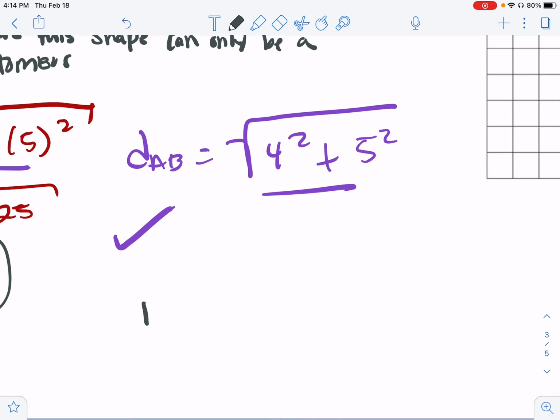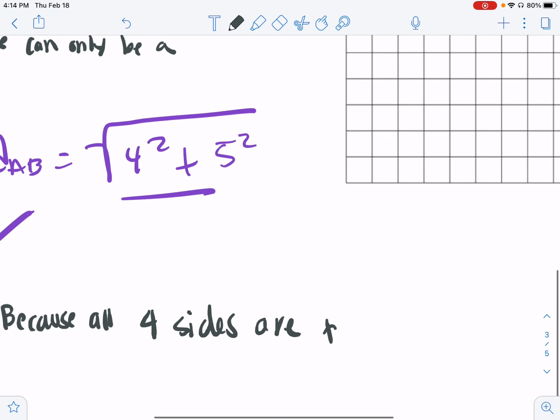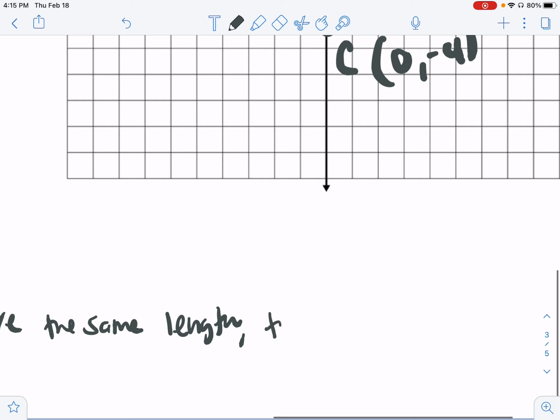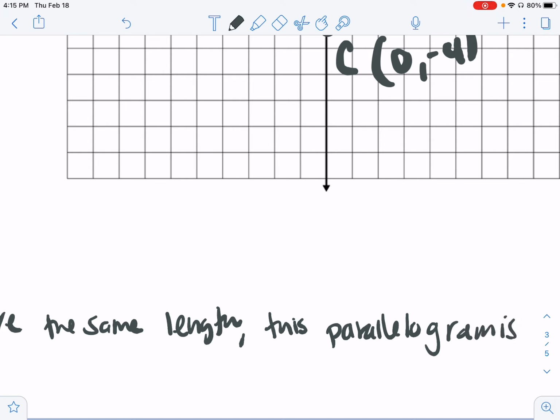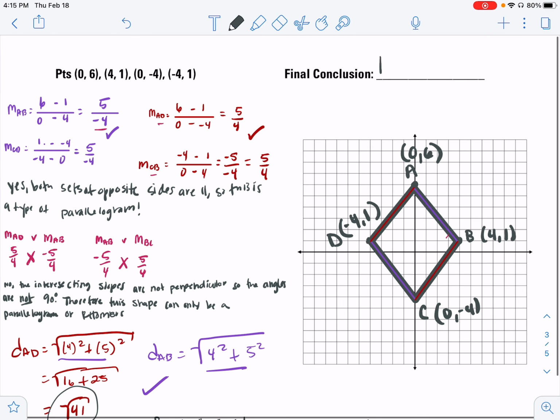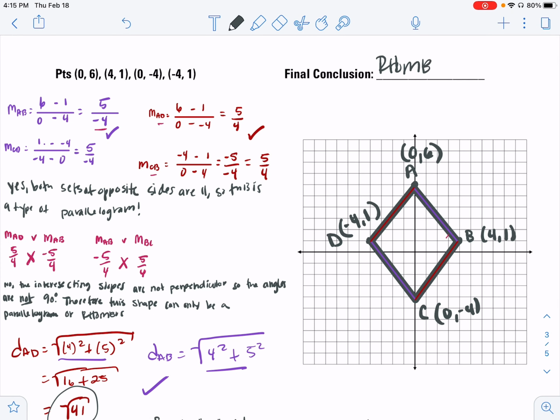So I'd say, because all four sides are the same, this parallelogram is a rhombus. Final conclusion, rhombus.